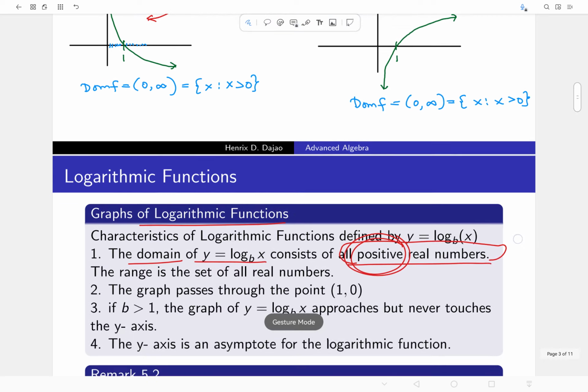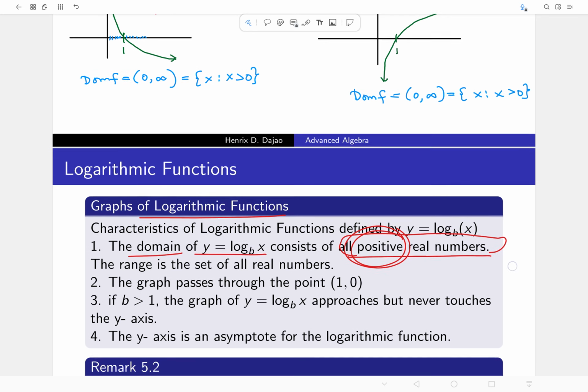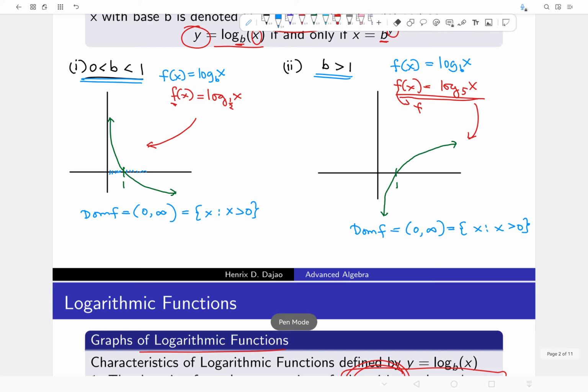Okay, now the range is the set of all real numbers. As you can see, it extends to infinity on this side and on this side as well. So we already tackled that one.